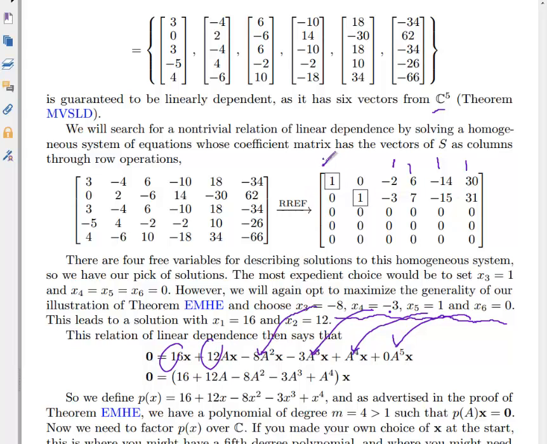Right, this is x1. x1 is going to be equal to 2x3 minus 6x2 plus 14x5 minus 30x6. Okay, so we can solve for all of these coefficients and obtain the coefficients in this linear dependence relation.